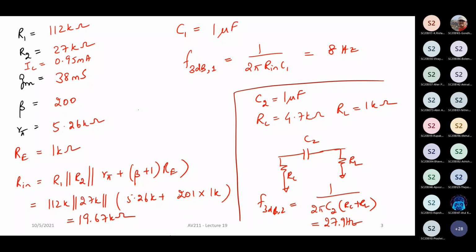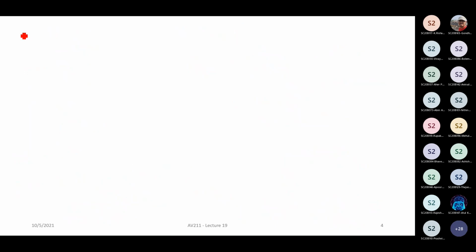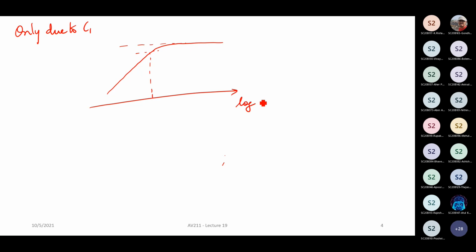So therefore, if you had only C1, what will you have? You'll have a response which is like this, right? Where the 3 dB frequency turns out to be what? 8 hertz, right?